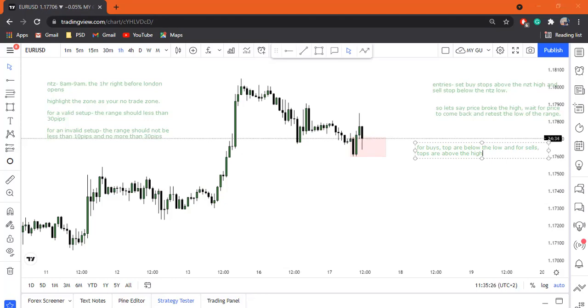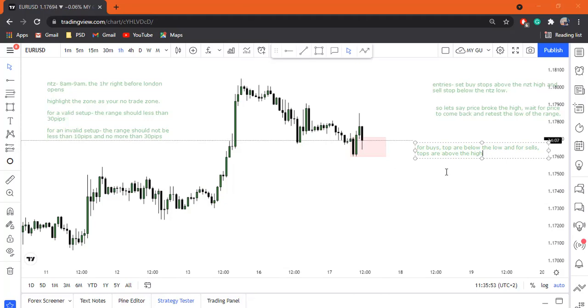All right, for profits, for take profits, this will now depend on how your take profit strategy is. As I've always suggested, we do 10 pips profit first, and then you manage your stops accordingly.